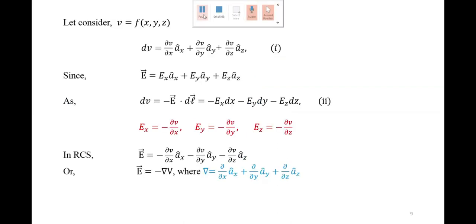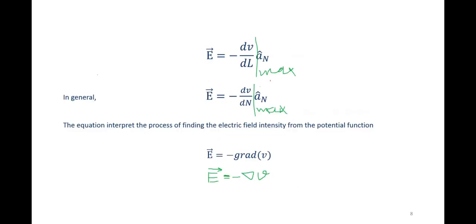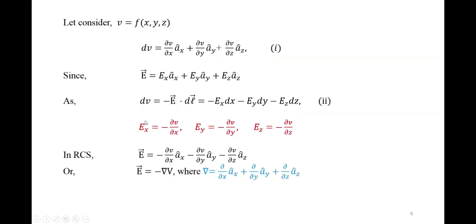Now let us learn how to write this general expression in the rectangular coordinate system, cylindrical coordinate system and spherical coordinate system. So let us suppose that the potential is a unique function of x, y, z in the rectangular coordinate system.